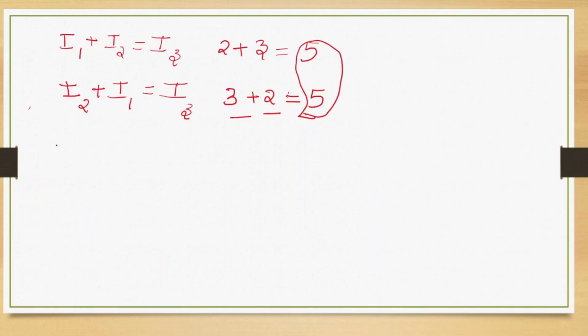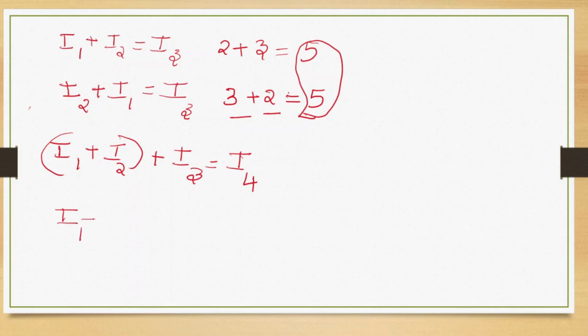For example, if we group I1 plus I2 plus I3 equal to what? I4. When we add I1 to I2 plus I3, what is the result? Again I4. That is, if we group two integers, the result will be the same.